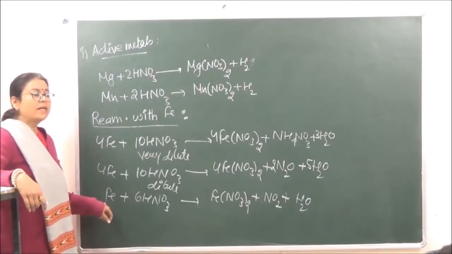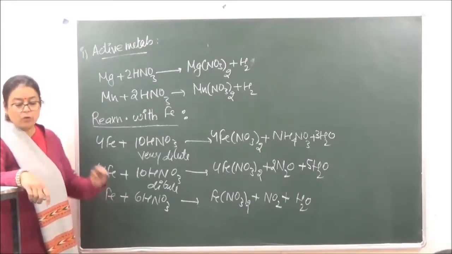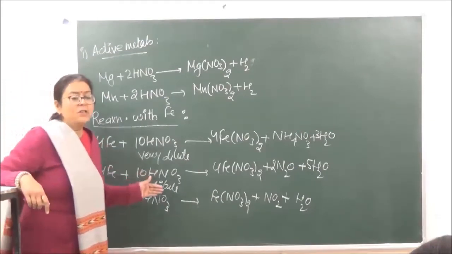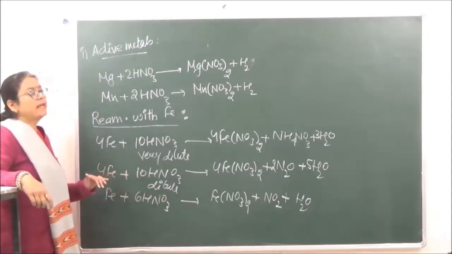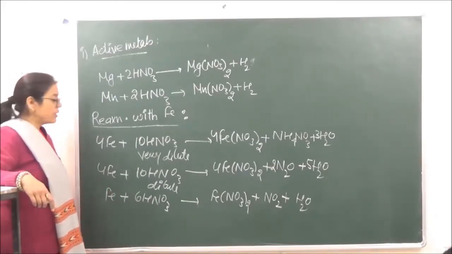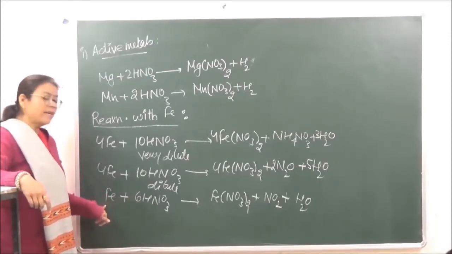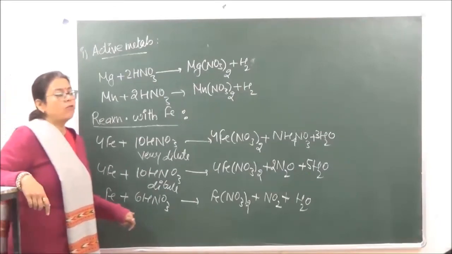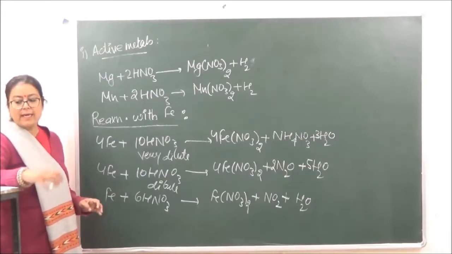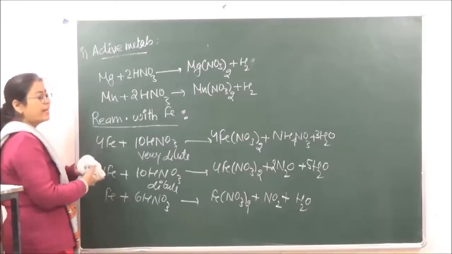That is, its reactivity is going to decrease, because the nitric acid forms a thin layer of oxide on the surface of iron, and because of that the reactivity decreases. But that happens only with highly concentrated HNO3, where iron is rendered passive because of a film of oxide formed on its surface. Then let's go on to metals which are below hydrogen in the electrochemical series.